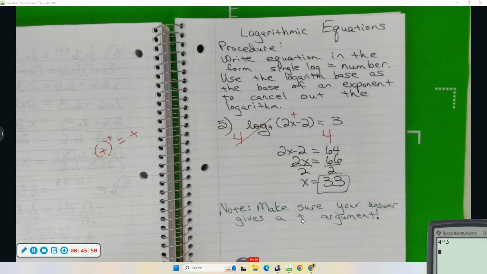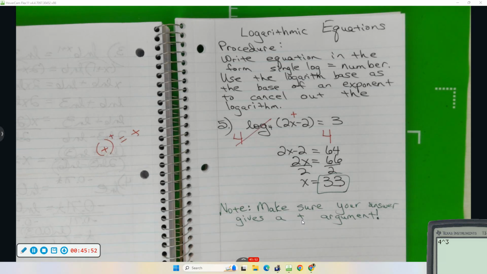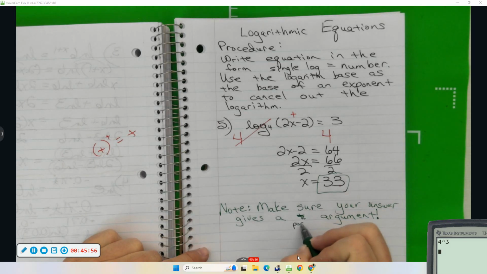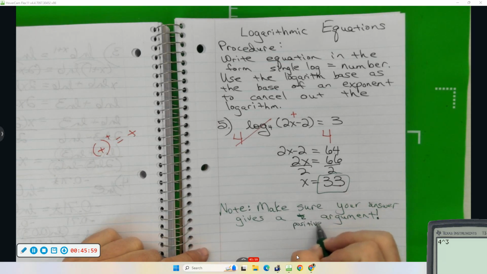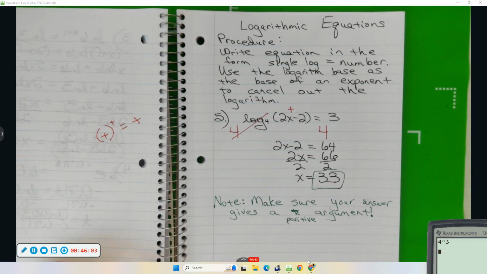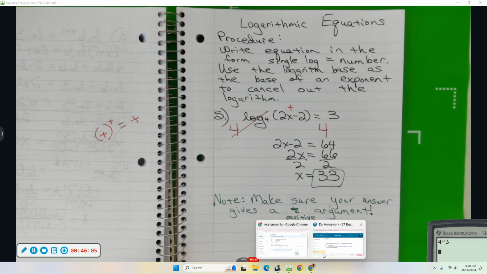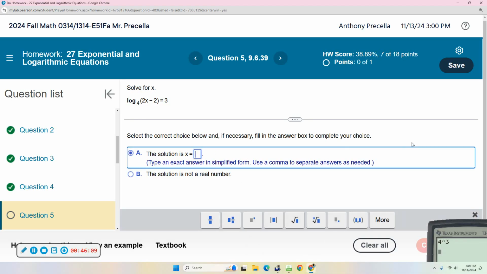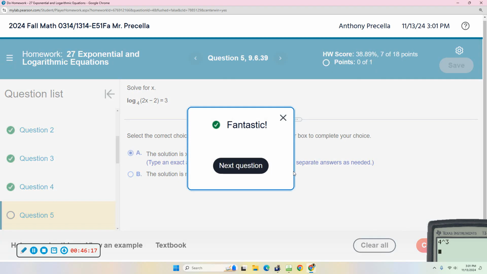You're right, I'm being lazy. I'm going to mark that out and write out the word. When working with logarithms, that's no time to be lazy. I'd better go ahead and plug in 33. Type in 33. Now, if it is given a negative argument, you'd have to say not a real number.